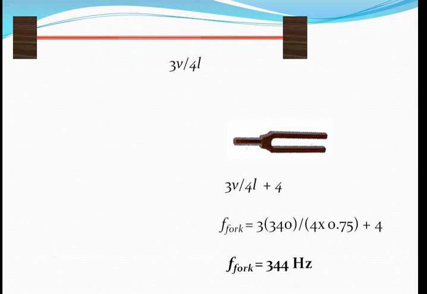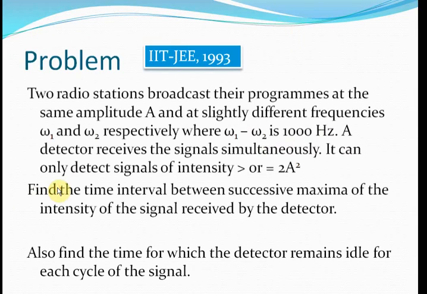Got it? Now let's solve another IIT problem. This question was asked in IIT-JEE 1993 and will definitely clear your concepts about beats. Two radio stations broadcast their programs at the same amplitude A and at slightly different frequencies omega 1 and omega 2 respectively, where omega 1 minus omega 2 is 1000 Hz.